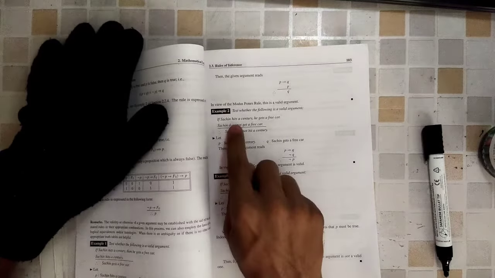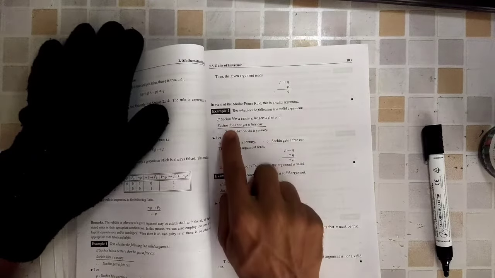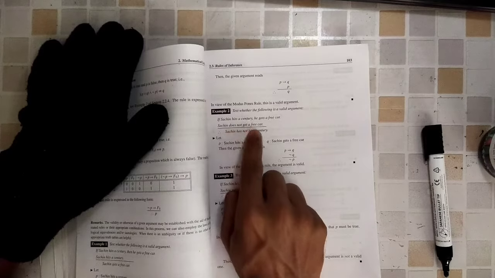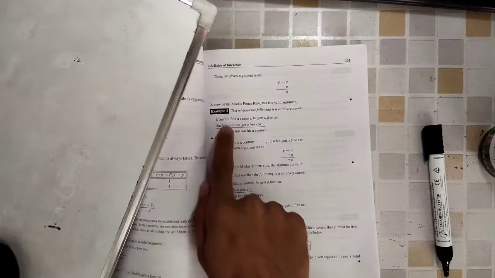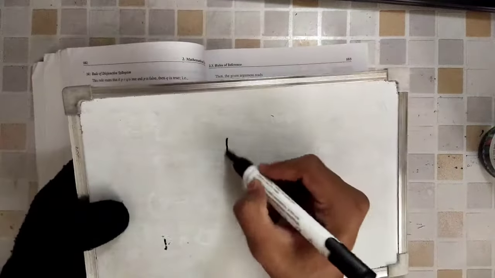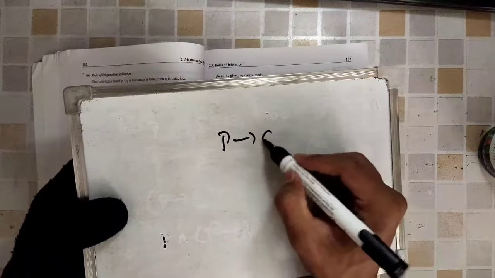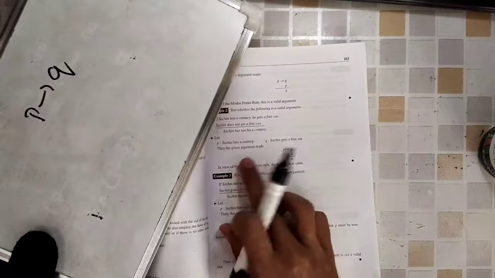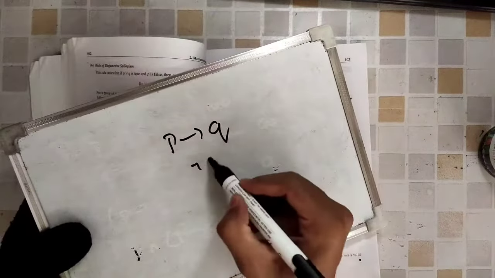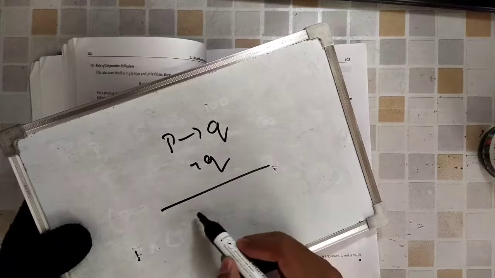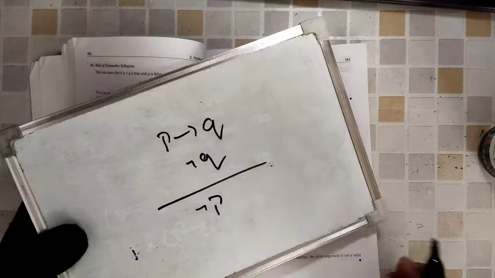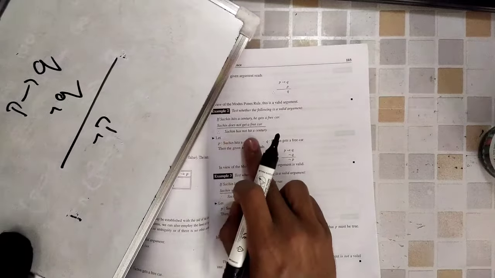Here P is this, Q is this, and this is negation Q. First we have P implies Q, if Sachin hits a century he gets a free car. Then Sachin does not get a free car, negation Q. So this should equal negation P: Sachin has not hit a century.